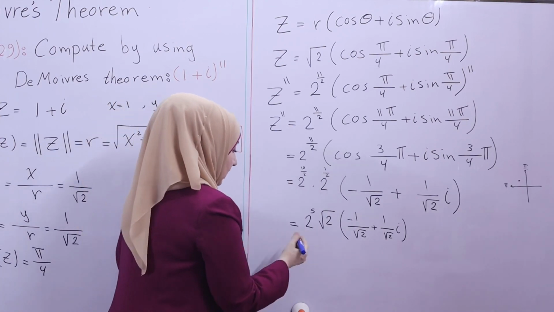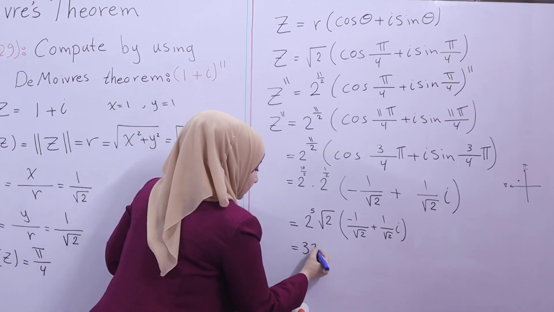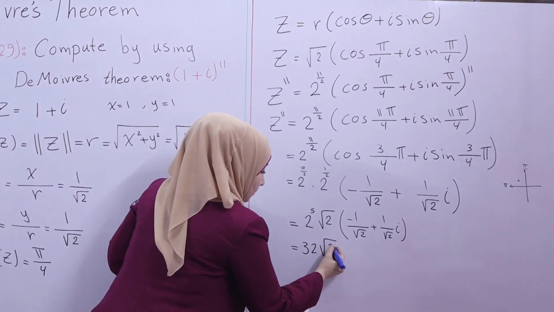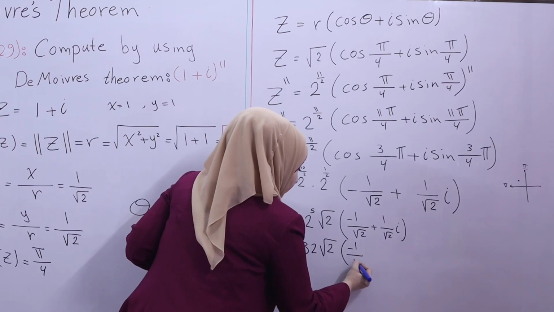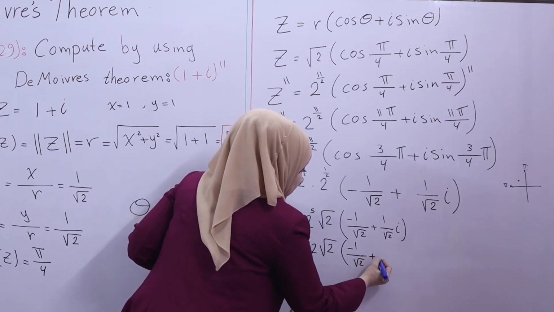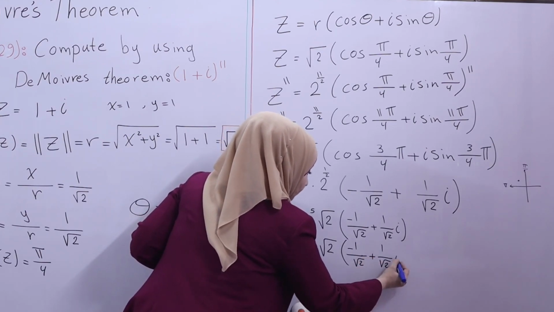That means here we have 32 square root of 2 multiplied by negative 1 on square root of 2 plus 1 on square root of 2 i.